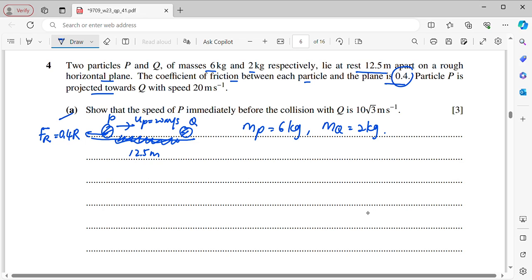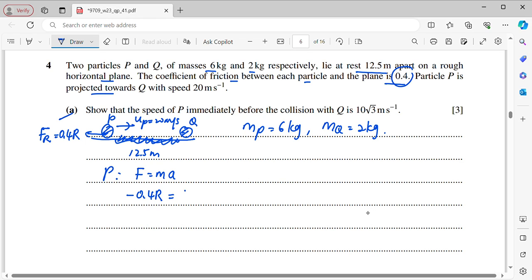Alright, so from here, I will say at particle P, we refer to F equals ma, Newton's second law. So now your F is negative 0.4 R, because the particle is moving to the right side towards the Q, so the frictional force is towards the left side.